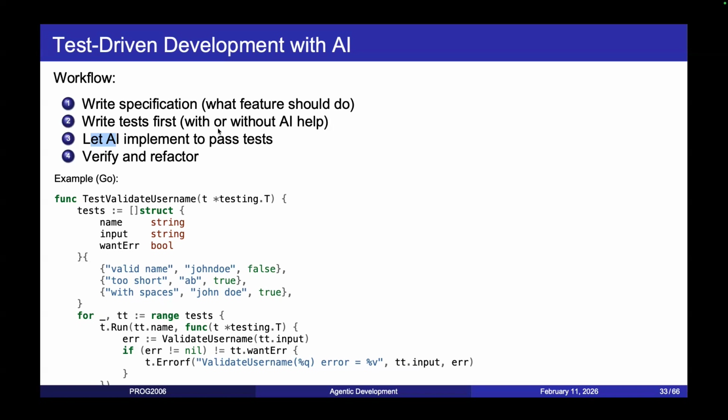So the implementation was done, but I wanted the interface to be extracted from the implementation. So I told it, okay, follow all the structs and extract the interfaces that those structs implement, right? So it did that.